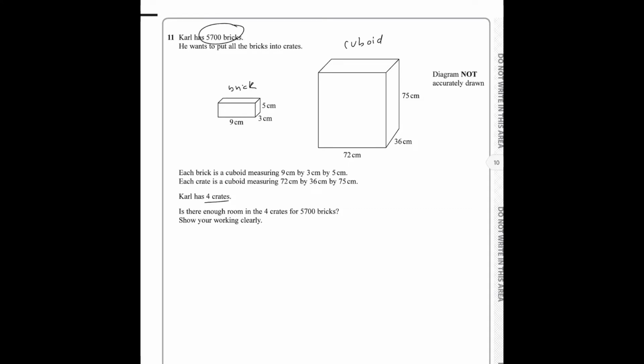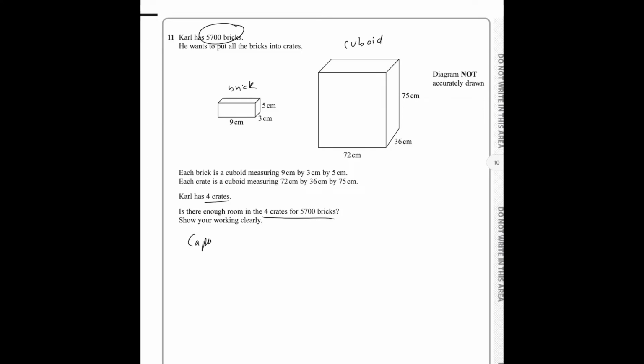Carl has 4 crates. Is there enough room in the 4 crates for 5,700 bricks? So in order to do this, we have to calculate the capacity for 1 brick. In order to calculate that, you have to know the formula for the volume.